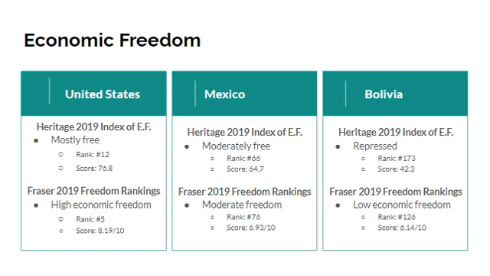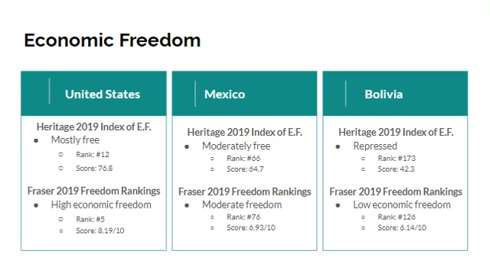Economic freedom is the freedom of individuals to control their own labor and property, to prosper without government or economic intervention. So we have two comparisons here from the Heritage Foundation and the Fraser Institute. Out of the three, the United States ranks number 1, but it ranks number 12 out of 180 countries.